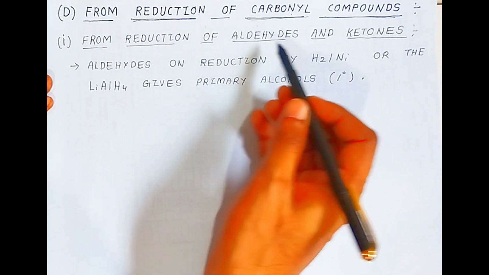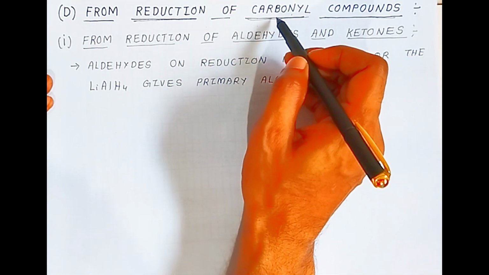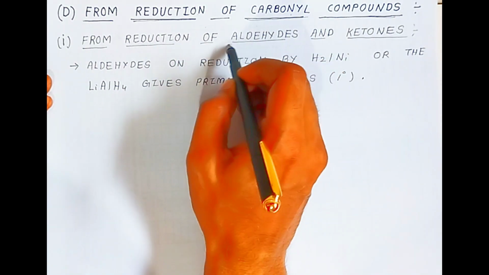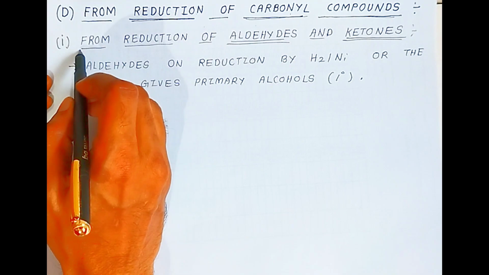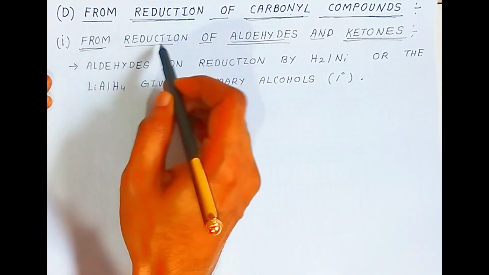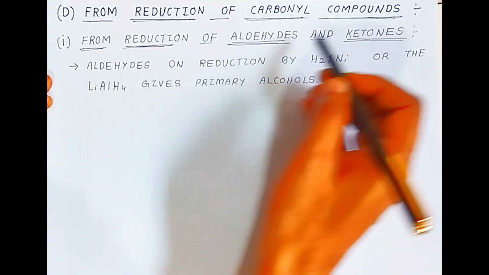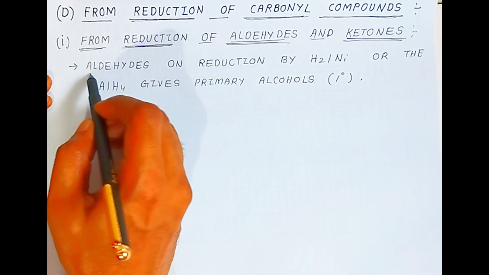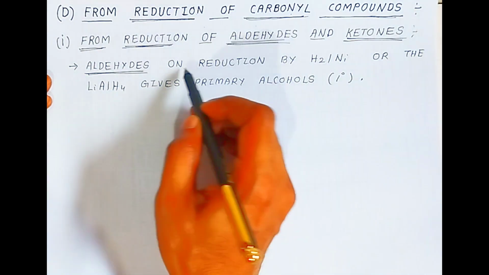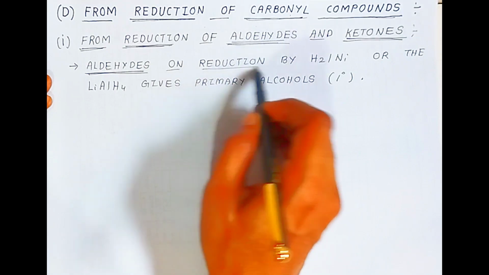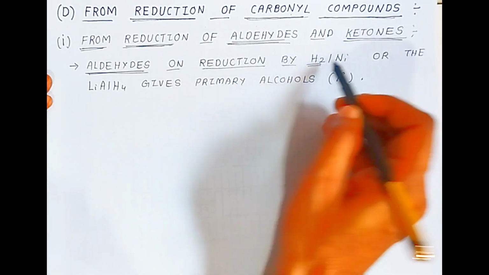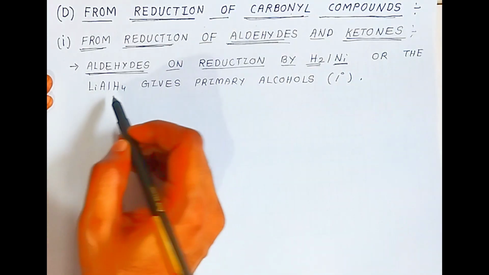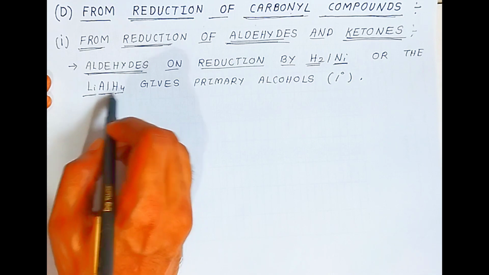From reduction of aldehyde: a carbonyl group containing compound is called an aldehyde or ketone. So, students, the first reduction that we are going to see is reduction of aldehydes and ketones. First, we are going to see the reduction of aldehyde. Aldehyde on reduction by hydrogen in presence of nickel, or lithium aluminum hydride.